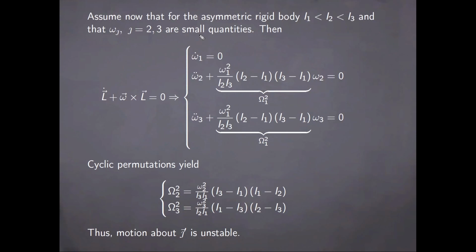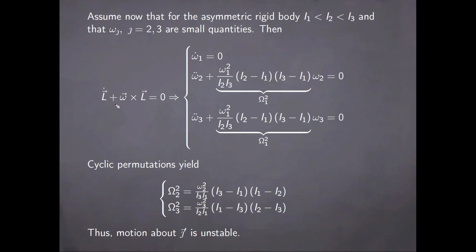Furthermore, assuming once again the case of an asymmetrical rigid body with the principal moments of inertia ordered like here, we can now study the problem of stability that was mentioned earlier. Namely, we will consider that we have a dominant component of the angular velocity about some axis, let's say about the first one, and the other two components are very small in the sense that their products will vanish.